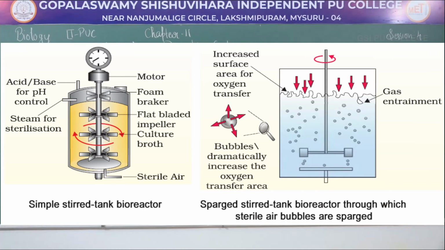If you see this diagram closely, near the mixing blades you can find small bubbles. These bubbles are oxygen which helps in increasing the surface area. So using these bioreactors, we can obtain the foreign gene product in larger quantity.